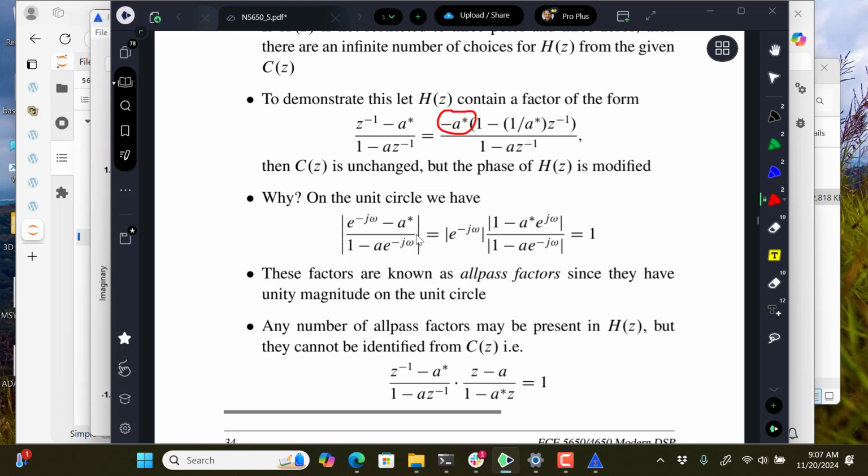If I go ahead and look at what's going on on the unit circle, which would be the frequency response, I do this factoring and see that the numerator and denominator are just conjugates of each other, and that's really just this form right down in here.